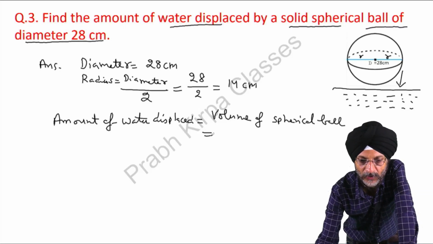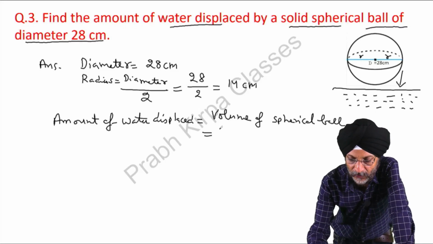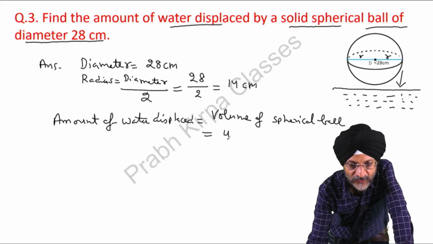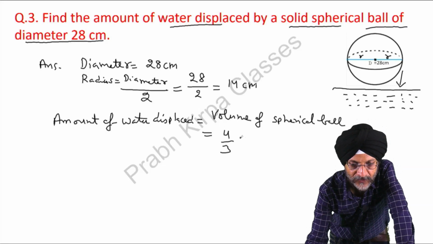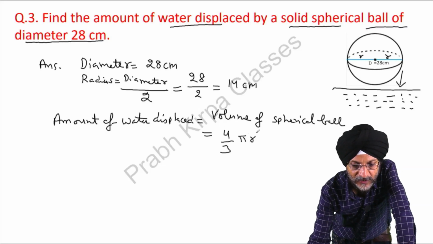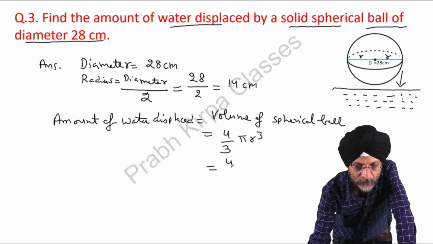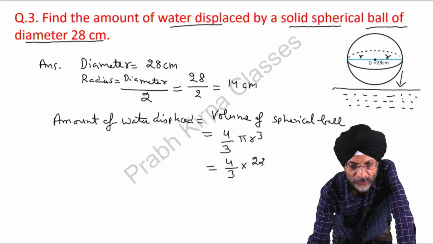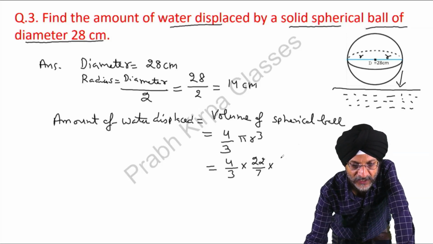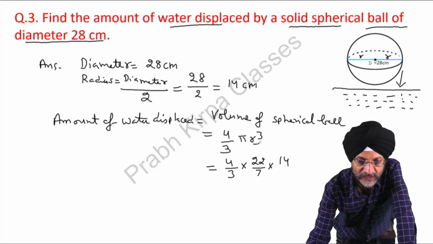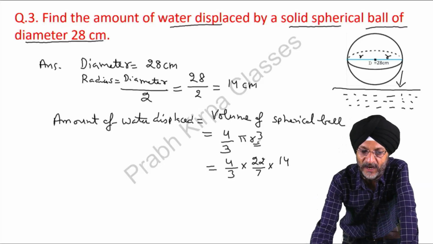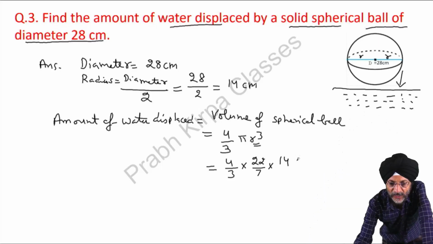Now what is the formula for calculation of volume of a spherical ball? It is 4 over 3 pi r cube. Now we will put in the relevant values. 4 over 3, the value of pi is 22 over 7. Now what is the value of r? It is 14. As it is written as r cube, we will write the value of r three times.